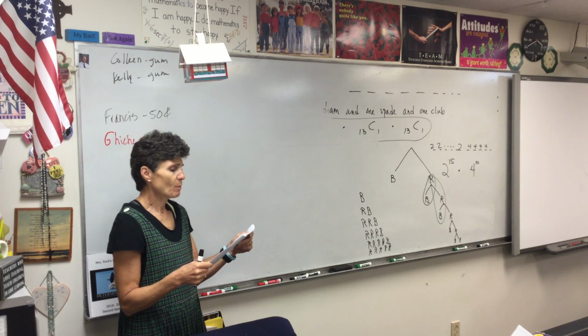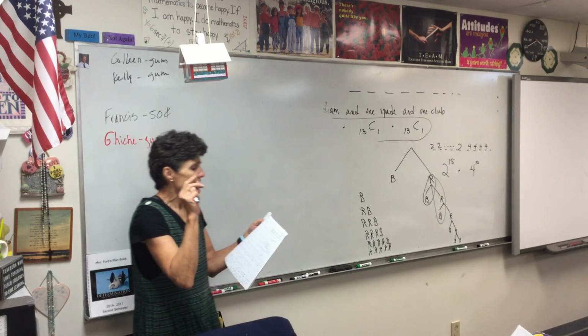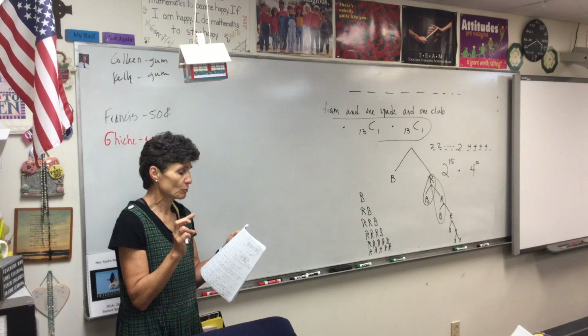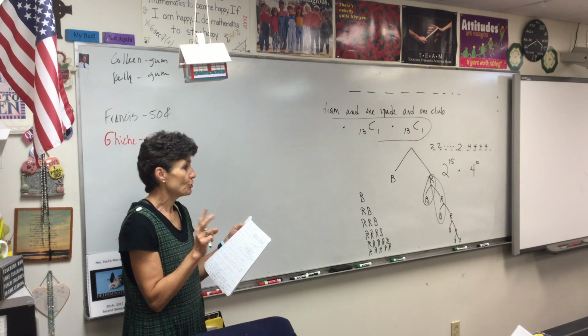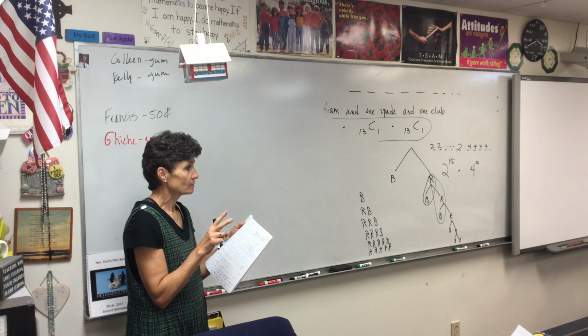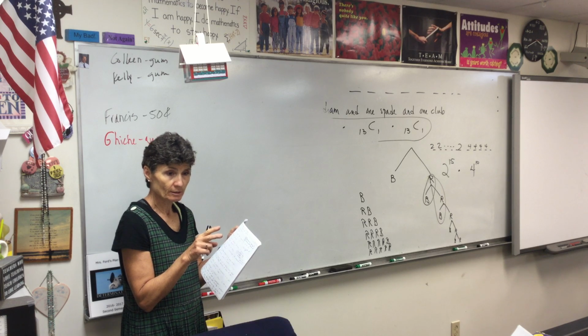All right, how many ways can 4 juniors and 5 seniors be seated in a row, each class together? This is 2 factorial, 2 groups, 4 factorial, 5 factorial.